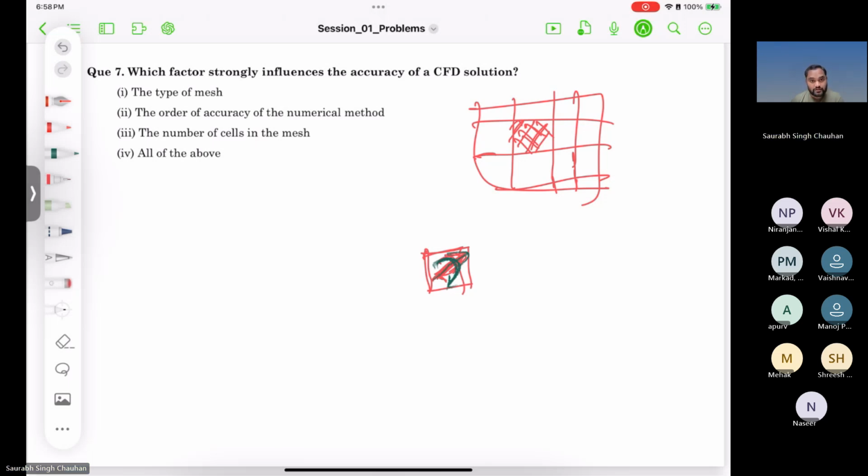Okay. So you know that in flows, especially at high Reynolds number, there can be eddies of very small size. Okay. And if your mesh size is not small enough to capture these eddies, then you will not get the correct solution. Okay. Then there are some models.